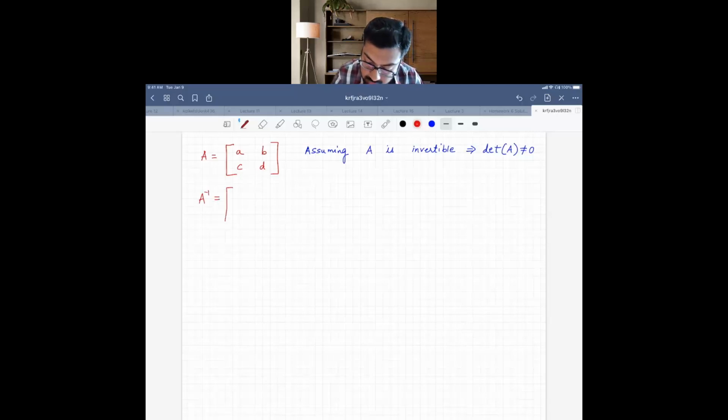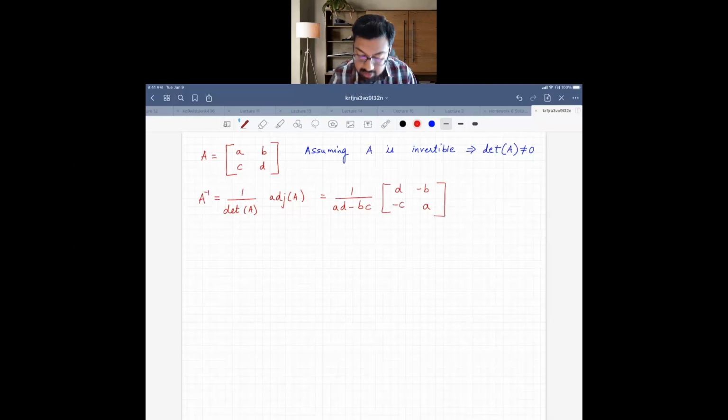A inverse is going to be 1 divided by determinant of A multiplied by adjugate of A, which is, for the 2 by 2 case, 1 divided by AD minus BC with the matrix D here, A here, negative B, negative C. That is going to be A inverse.